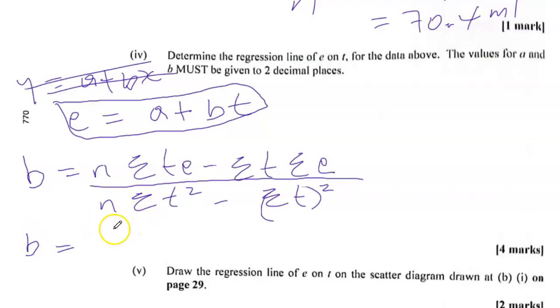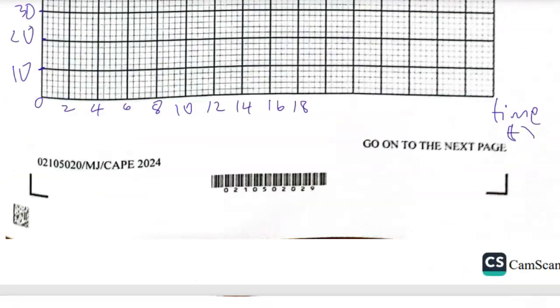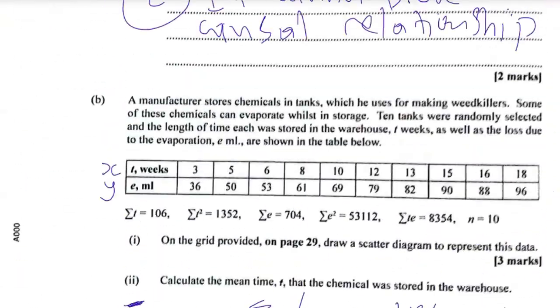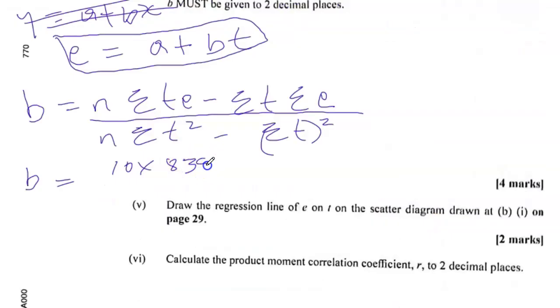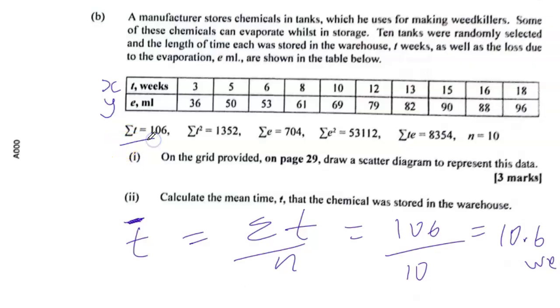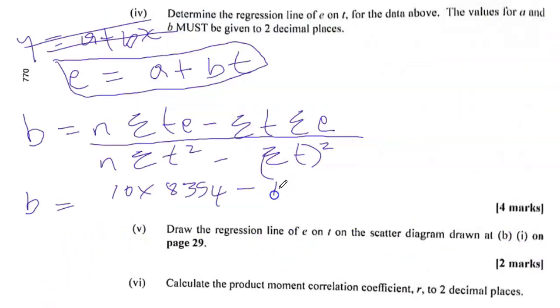So N, we know N is 10. So 10 times the sum of TE. We have all our values here. Sum of TE, that's 8354. So it's 8354 minus the sum of T times the sum of E. The sum of T is 106. Sum of E is 704. So that's 106 times 704 over N times the sum of T square.